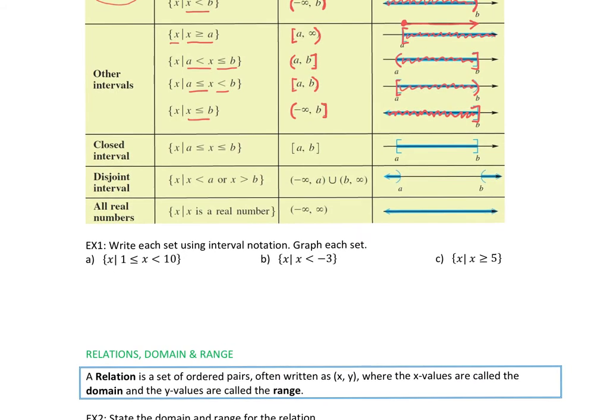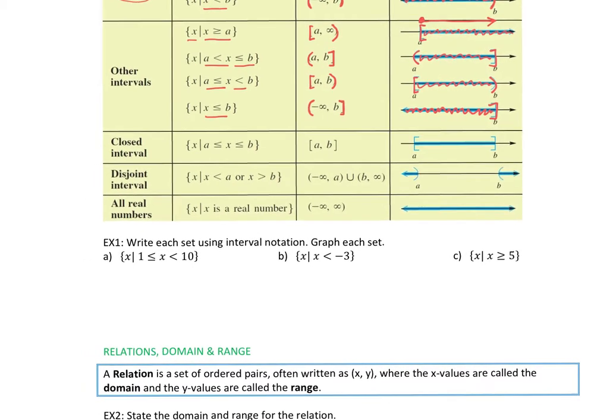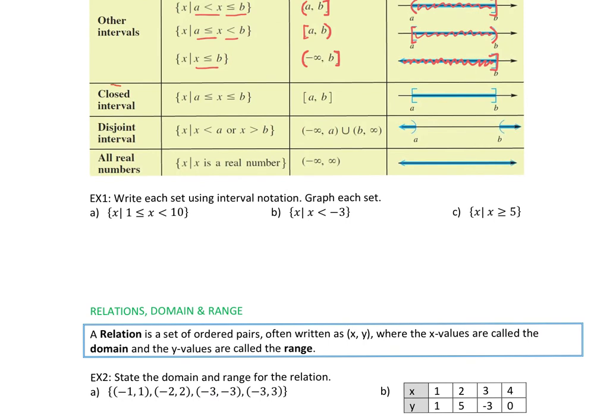So we don't really have a name for those intervals because it's not two parentheses or a set of parentheses, so it's not open. We do have something called a closed interval though. Open interval has parentheses on both sides of the interval. Closed interval has brackets on both sides of the interval, and that only happens in one case.